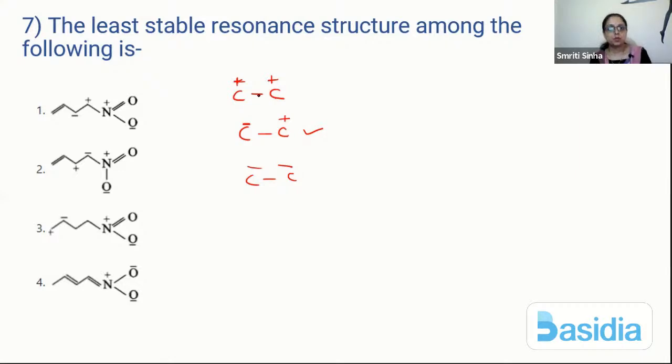So you need to choose, since you need the least stable, two same charges beside each other. If you see such a structure, you will find that is option A, which has two same charges beside each other, and therefore it is the least stable one, because the electron deficient carbon and nitrogen are destabilizing each other.